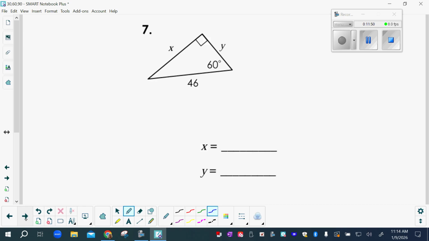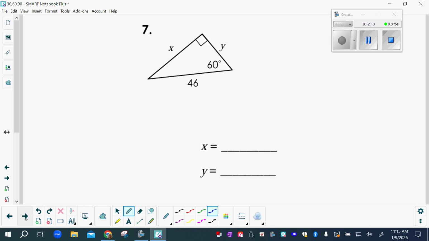Okay. We're going from the hypotenuse to the short leg. We're going to do a little bit of division there. So it's 20 divided by root 3, and you have to rationalize.